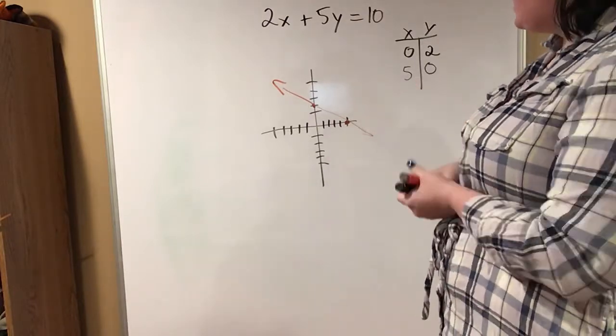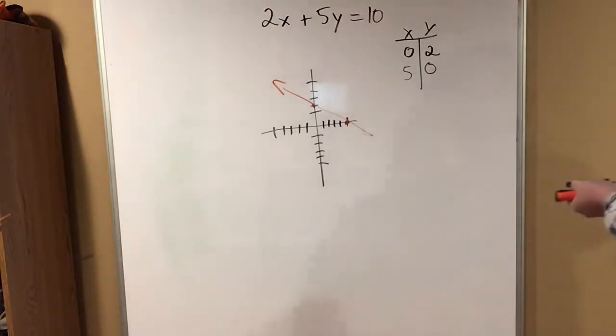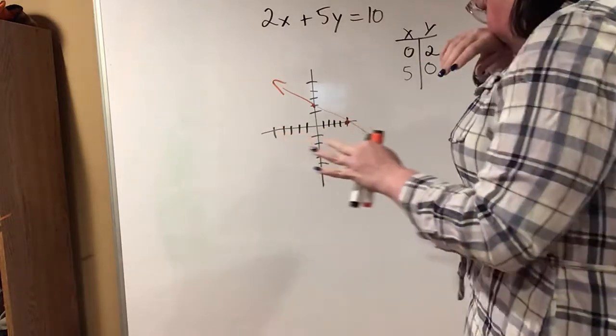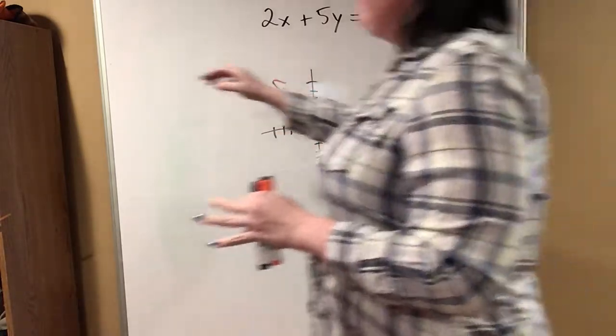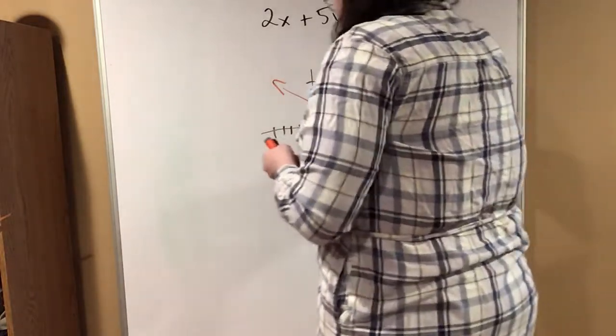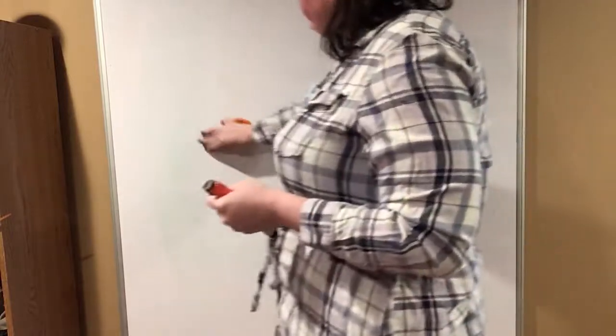Intercepts are easy because you're just plugging in a 0 and a 0. So, I like the intercepts. Let's try another one. And if it doesn't work out, it doesn't work out, and that sucks. But, you know, what do you do?